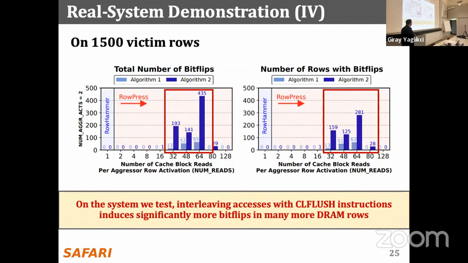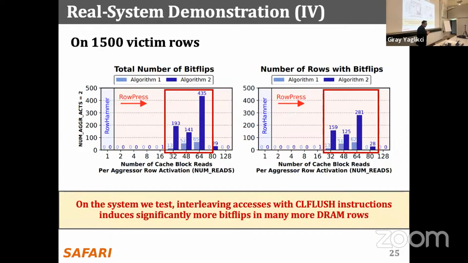So RowPress is a new read disturbance phenomenon. Think about RowHammer. It was first discovered, let's say not published, but discovered around 2012, because the work started around that time. Then it was published and widely known by 2014. And we had all these sophisticated attacks over the last decade, right? This was just discovered last year, and this is just a proof of concept demonstration on a real system.